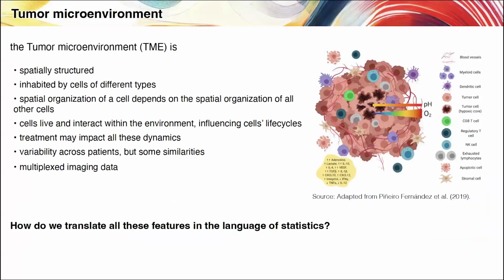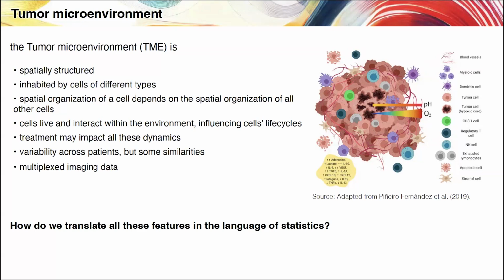Let's begin. So what is the tumor microenvironment? This is something that I've come to learn in the last couple of years. We have a spatially structured set of cells and tissue elements, and the cells are of different types: immune cells, cancer cells, and other kinds of cells.